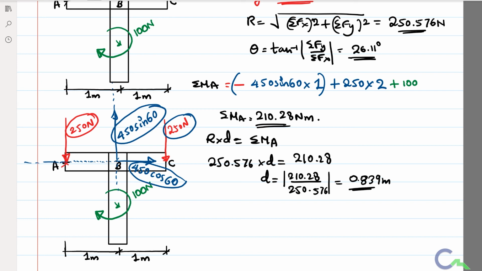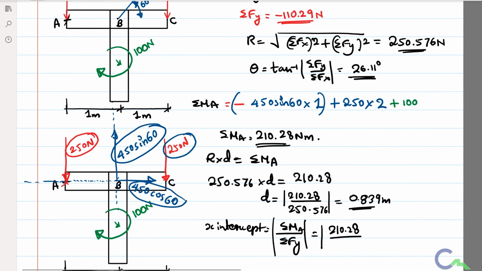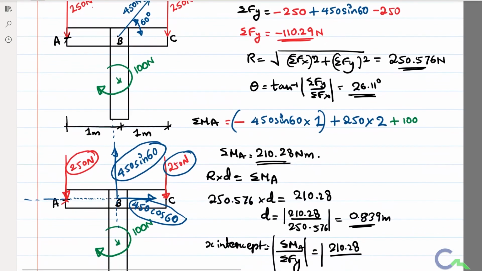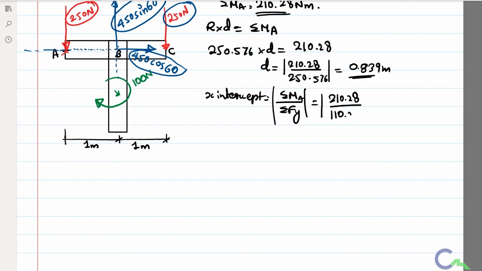We will get 0.839 meter. Then its X intercept we can calculate, mod MA divided by sigma Fy. So that is 210.28 divided by sigma Fy we got, that is 110.29. So we will get 1.906 meter.